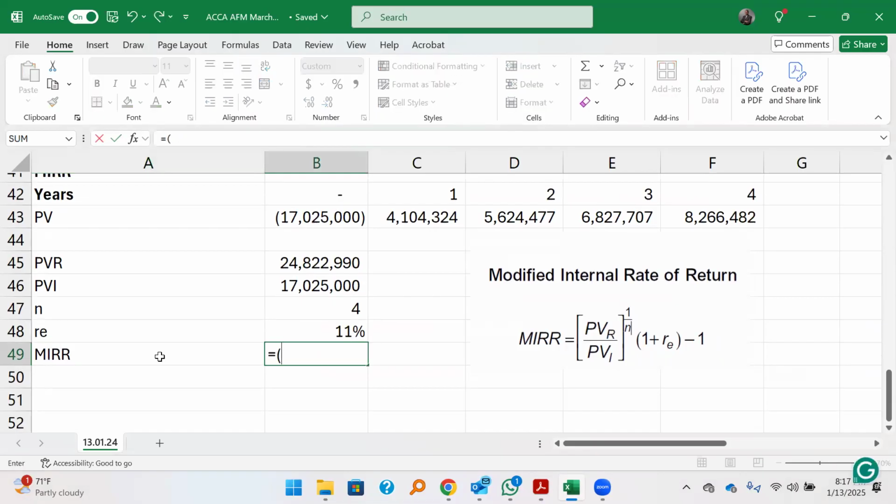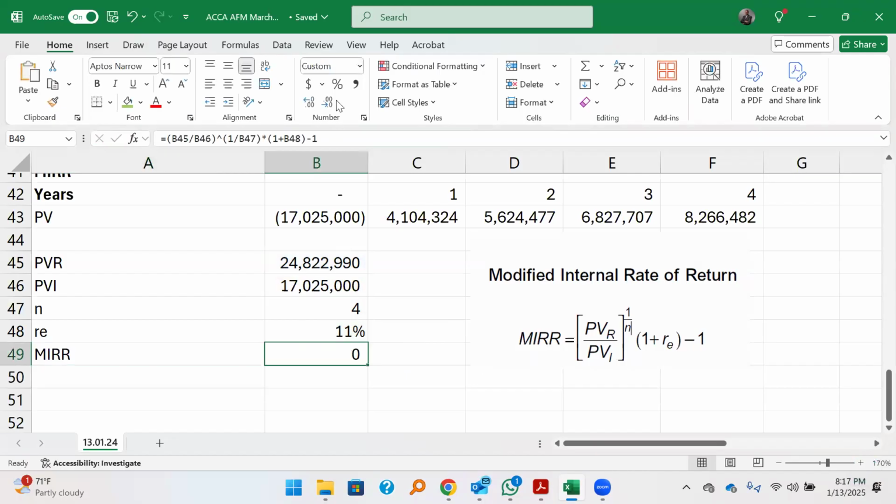It's going to be present value of the return phase divided by present value of the investment phase, power 1 over n, multiplied by 1 plus RE, minus 1.